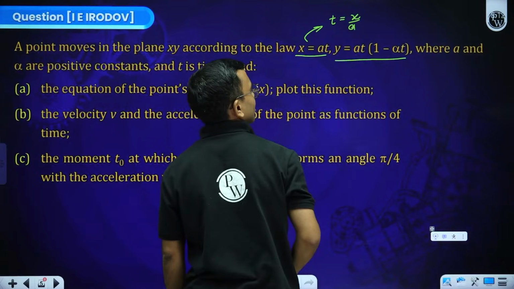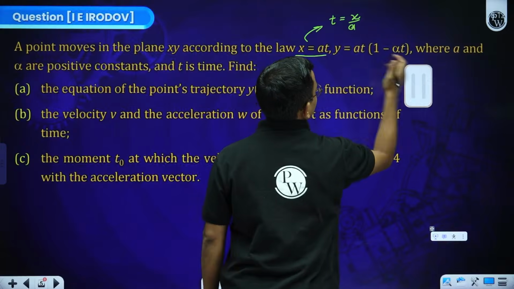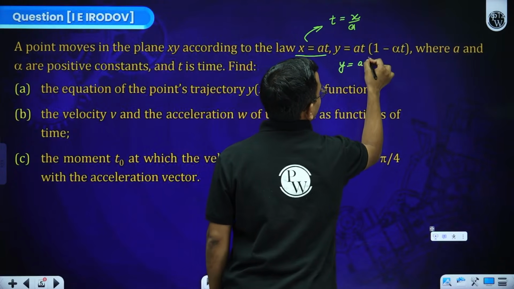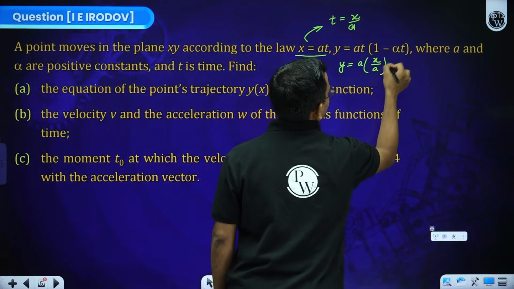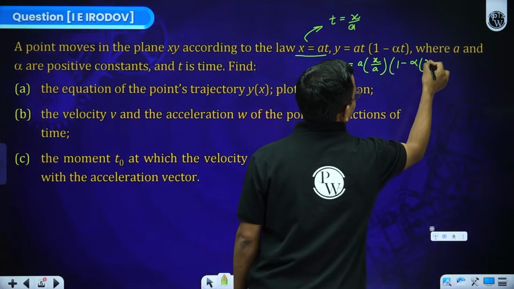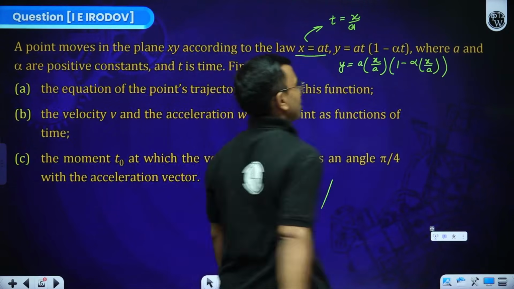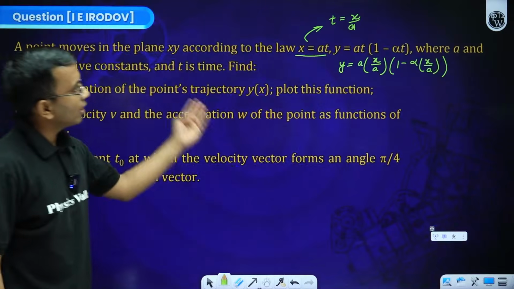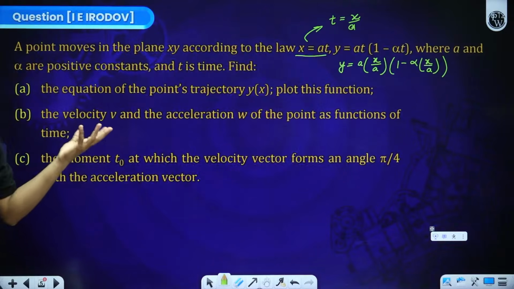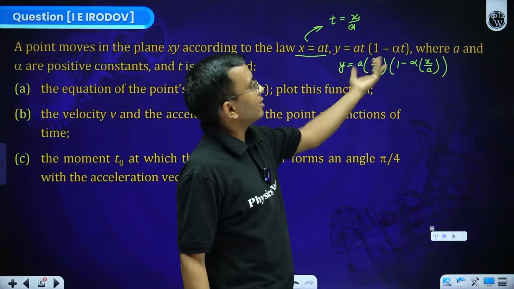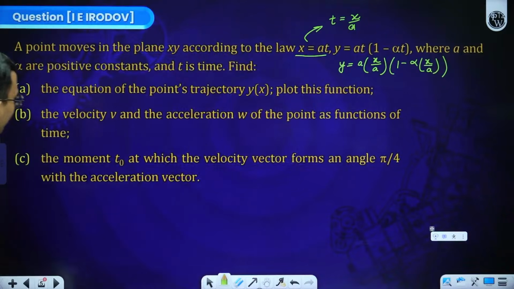Put t as x by a in this equation. So y will become a into x by a into 1 minus alpha into x by a. That's all. Now you can solve this equation, just open the brackets. It's an xy relationship that only we need.